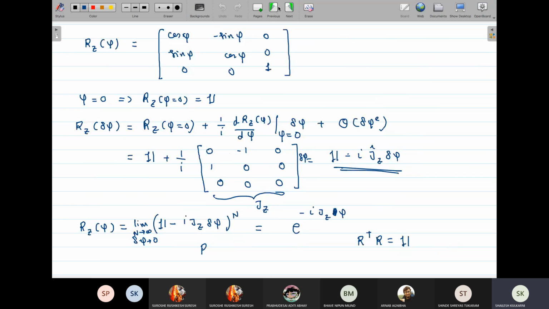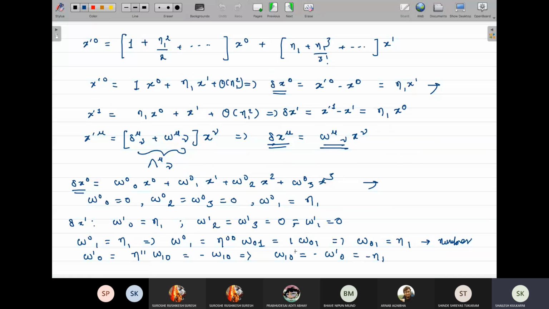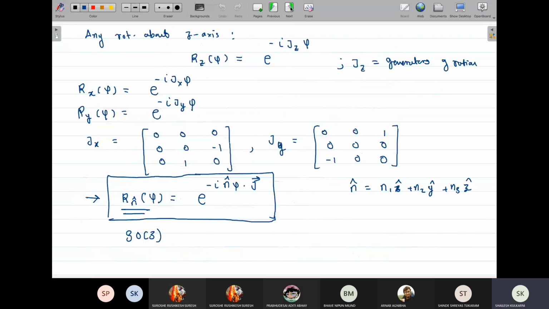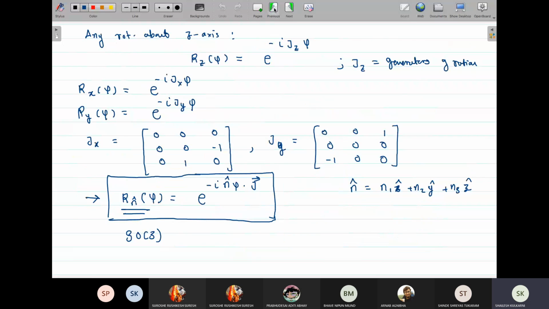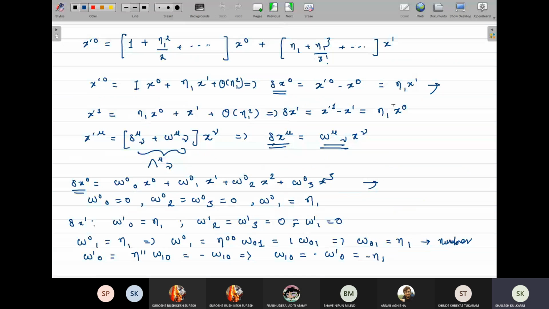If I am correct, omega 01 is minus eta 1, so minus i eta 1 j01, and the 01th entry will be i. There will be i here, and then x1. So i times i with the minus sign, it will be eta 1 x1. As expected, the change in the 0th component, delta x0, will be eta 1 x1. This is what is expected, right? See here.